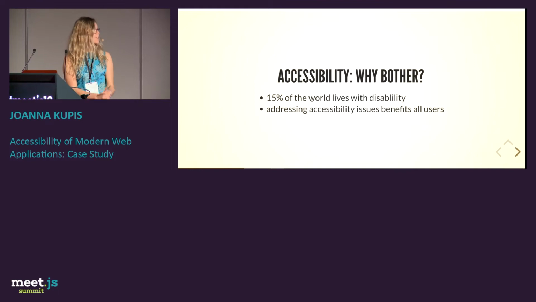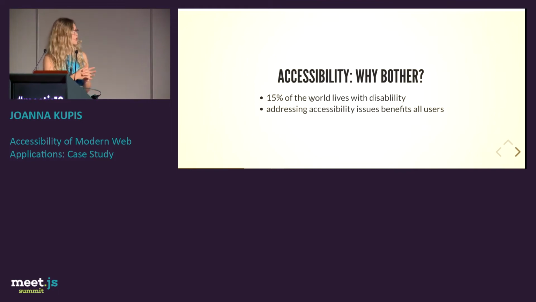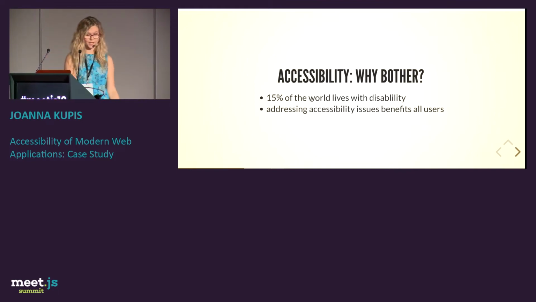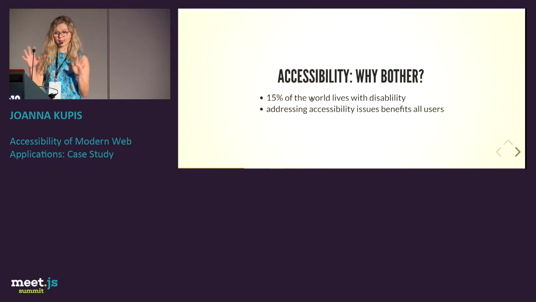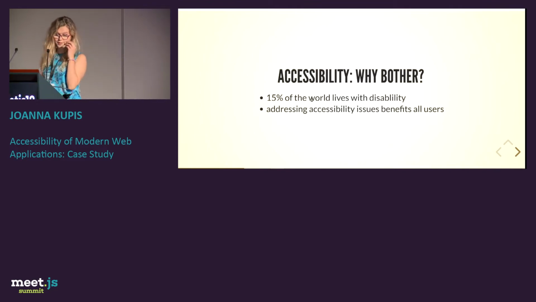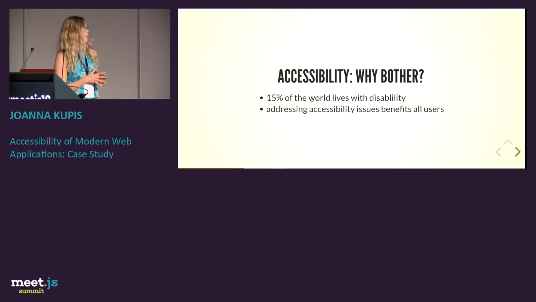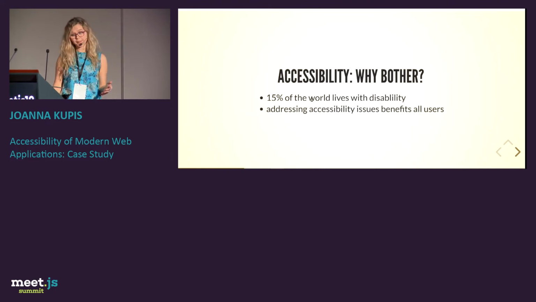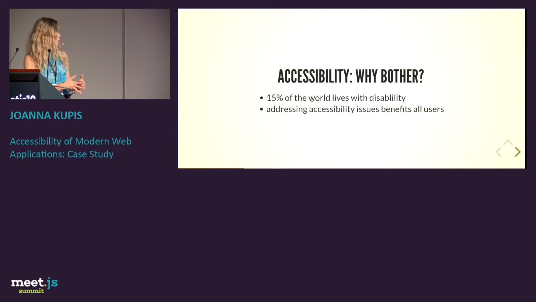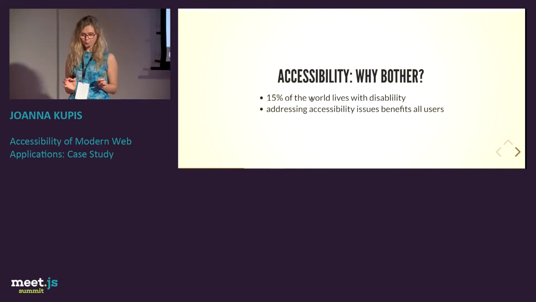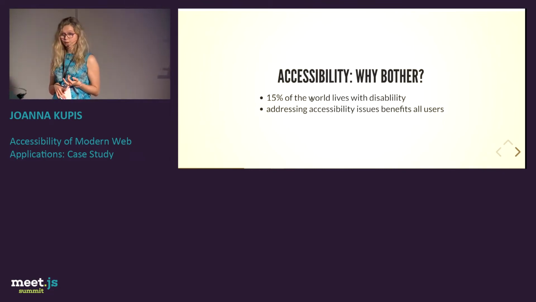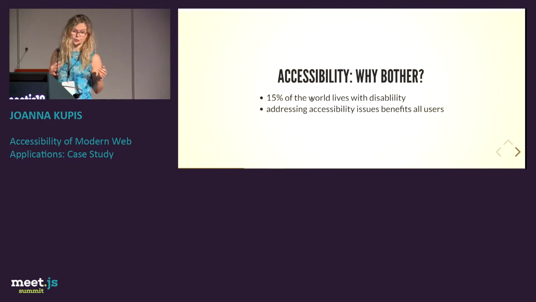Then, addressing accessibility issues benefits all users, because sometimes we are using our laptops in full sunlight and we are not seeing really well. And then we can use, for example, tab indexing and tabbing through the page for focusing on the content. Also, addressing accessibility issues is where we stop and think about simple, native user experience.